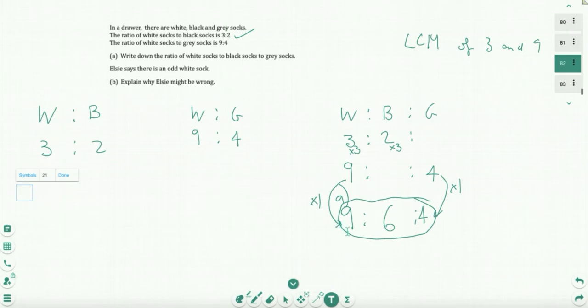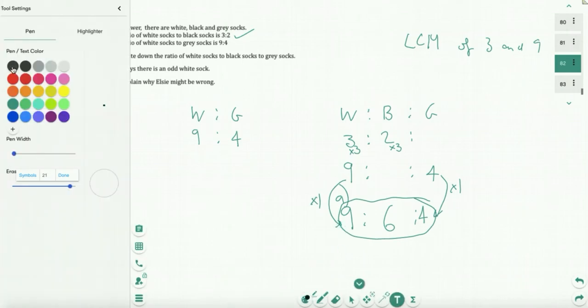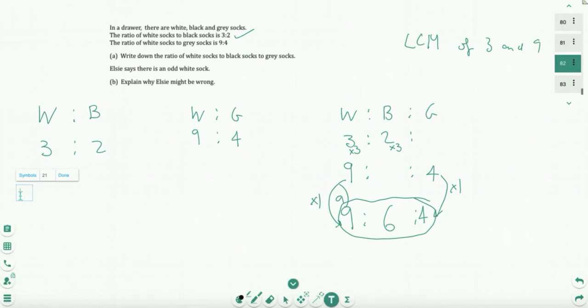So let's write a sentence about that in terms of socks. For every 9 white socks, there are 6 black socks and 4 gray socks. Now, LC says there's an odd white sock. Explain why LC might be wrong.